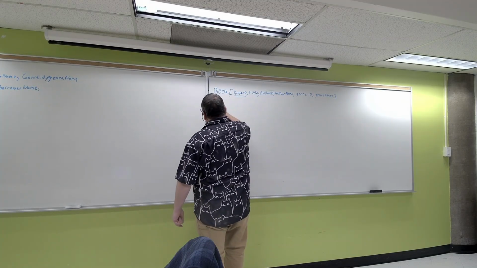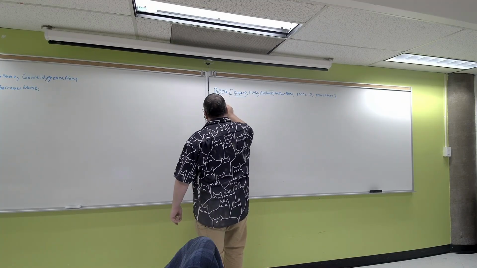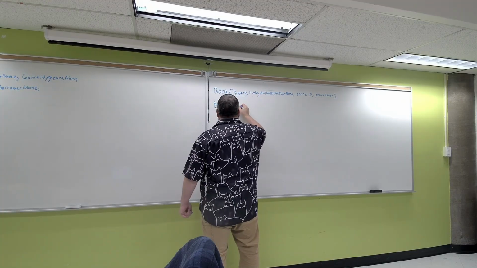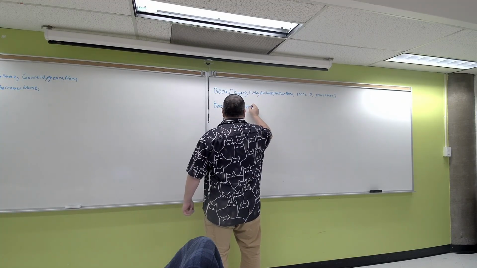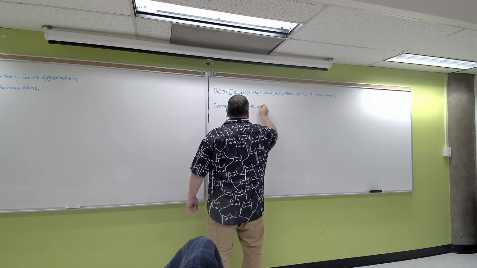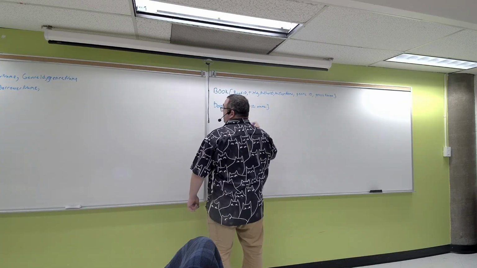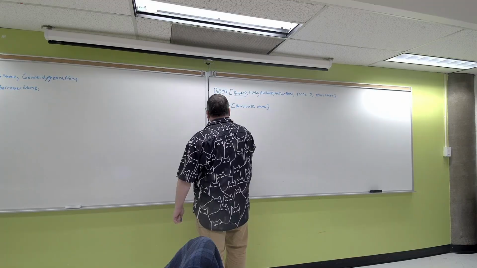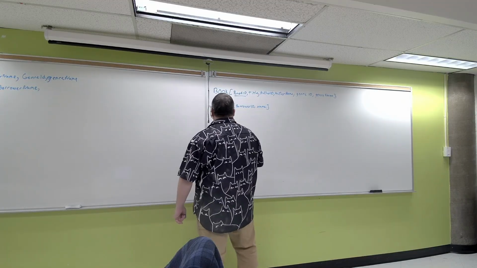We have a borrower, which has the borrower ID and name. And then I don't know what I'm going to call this table. Lend, I guess, for lack of a better word.